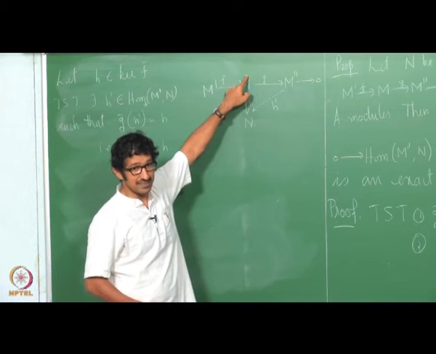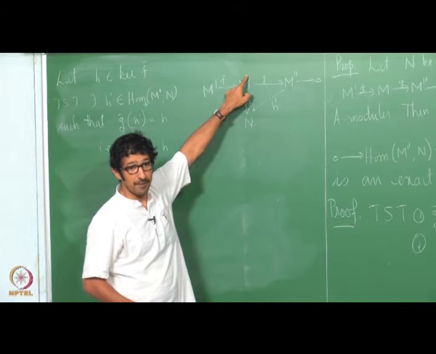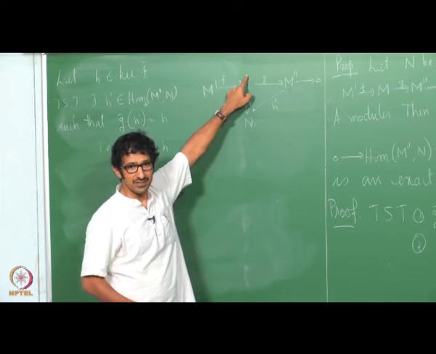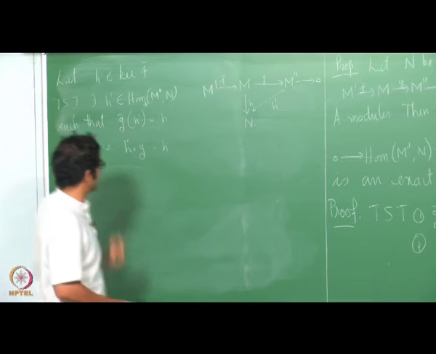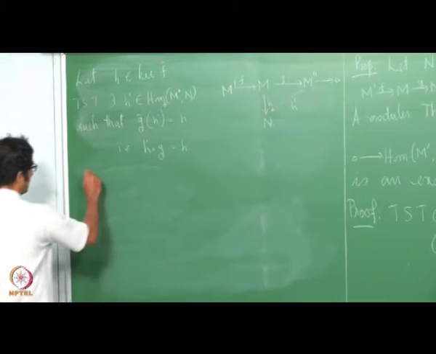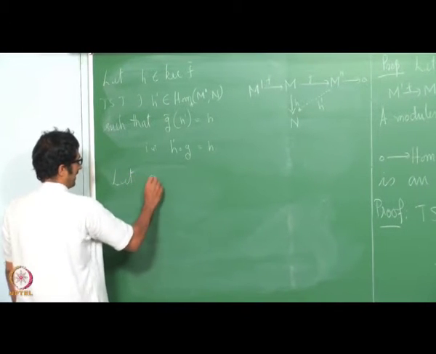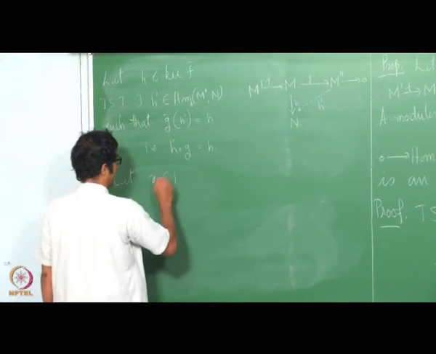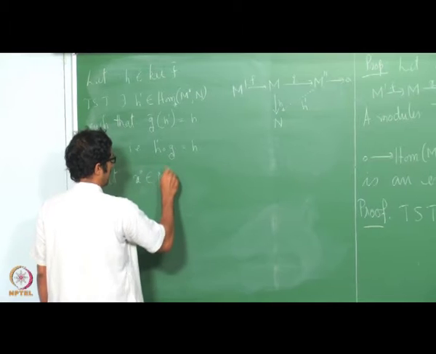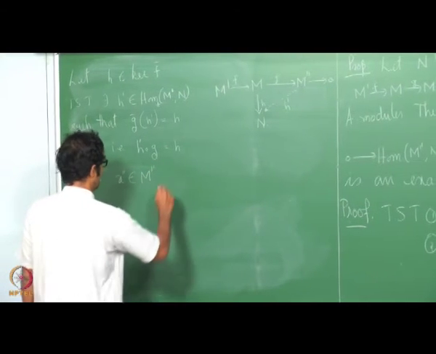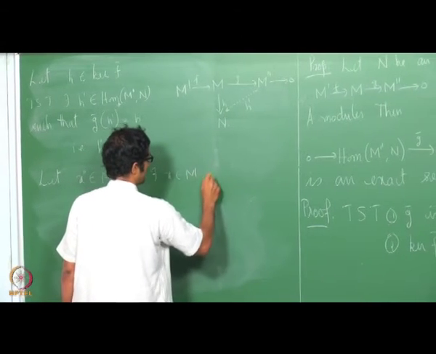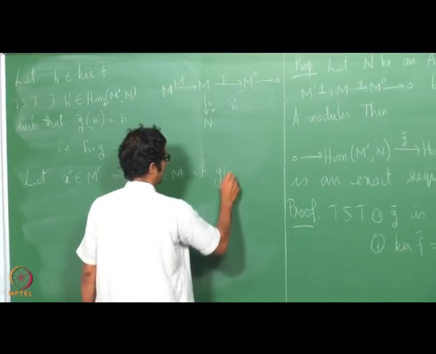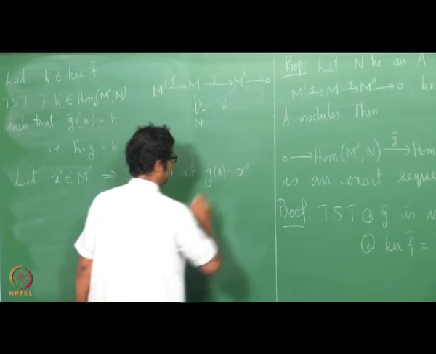But here there is a danger, there could be many pre-images. So, which one? Okay. So, first let us try to define this. Let x double prime be in M double prime. That implies there exists x in M such that g of x is equal to x double prime.